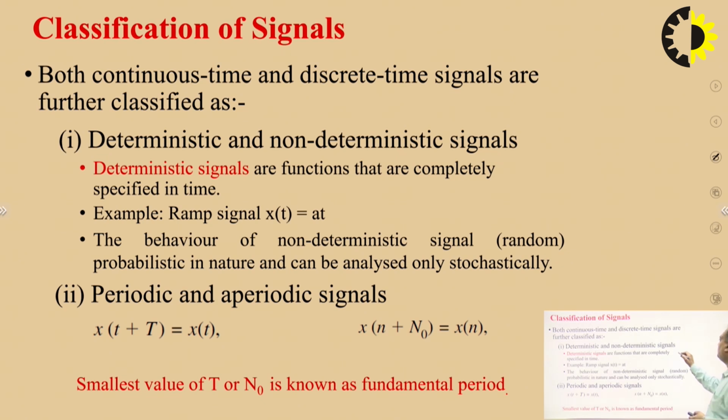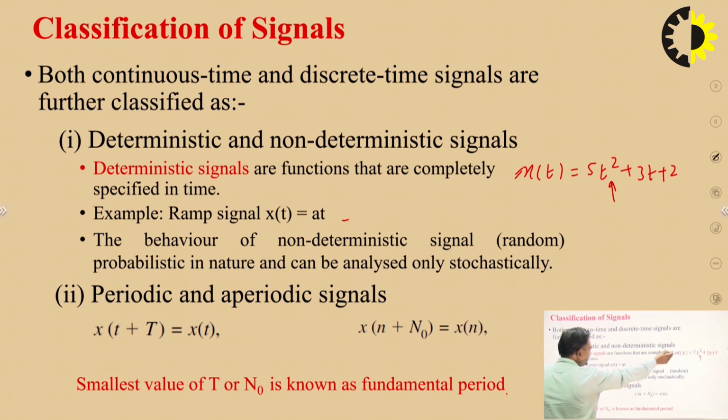If we can write an expression like 5t² + 3t + 2, then the signal is deterministic, because at a particular time you can find the value of the signal. An example is x(t) = 5t² + 3t + 2.